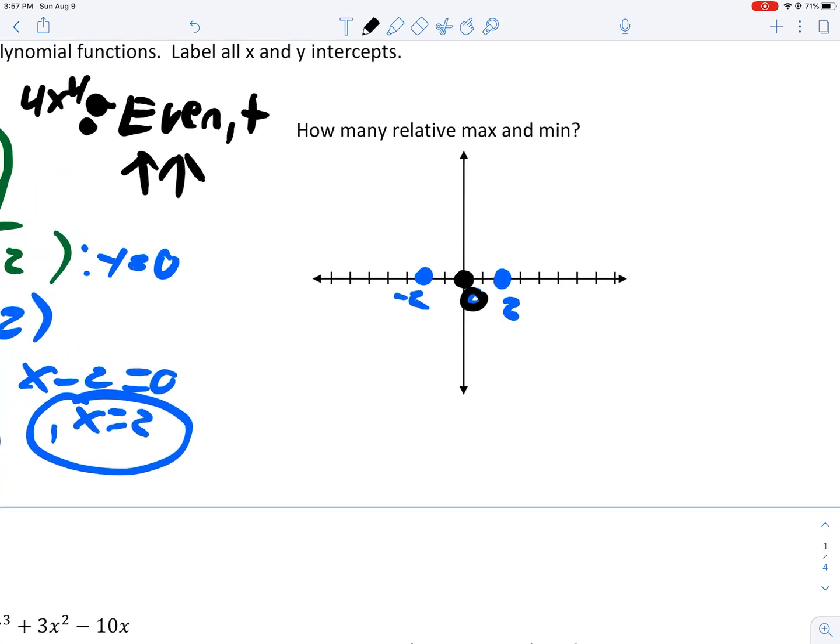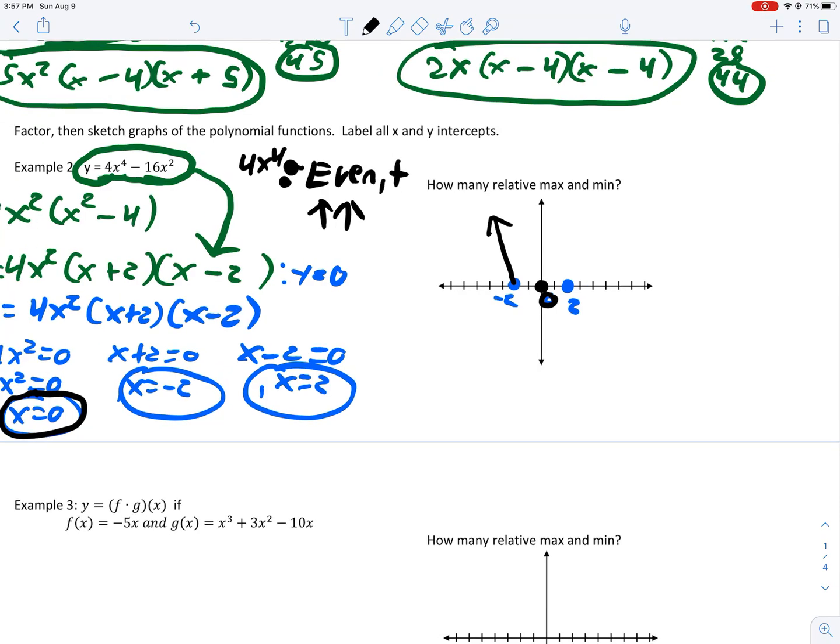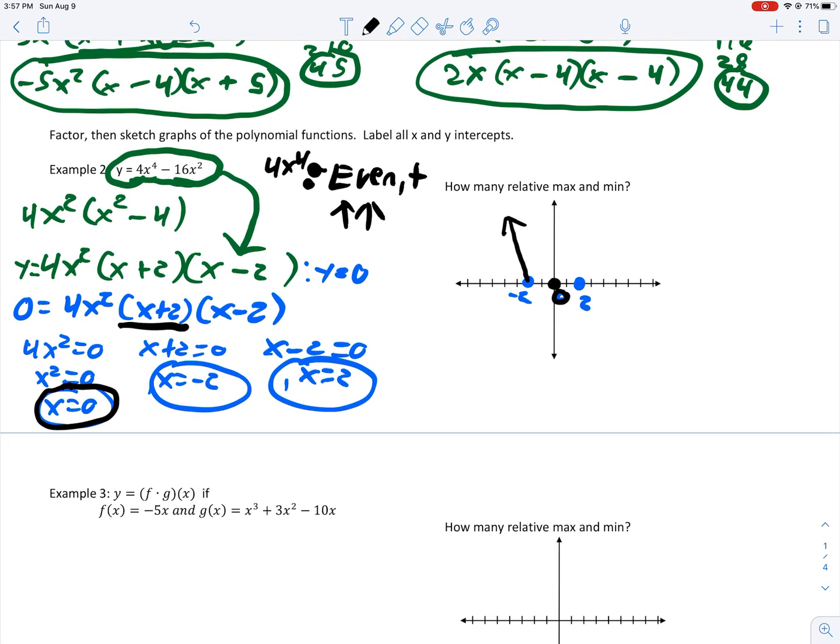So it starts high, comes to negative 2. What happens at negative 2? The factor only occurs once, so it passes through it. Perfect. Now I got to get back up to 0. Okay. So now what happens at 0? Well, it's x squared. So it bounces off 0, comes back down, and now I got to get back up to 2.